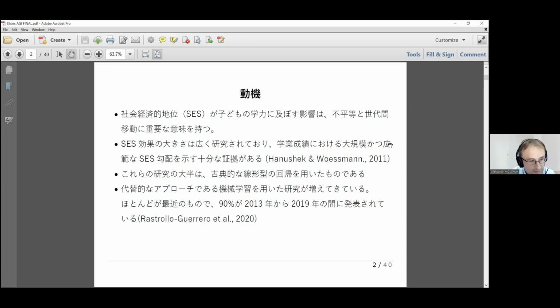By one estimate that I'm citing here from 2020, there was a huge increase in papers which use machine learning, and 90% of them were published only from 2013 to 2019. So it's a very dynamic field with a rapidly increasing number of new contributions.